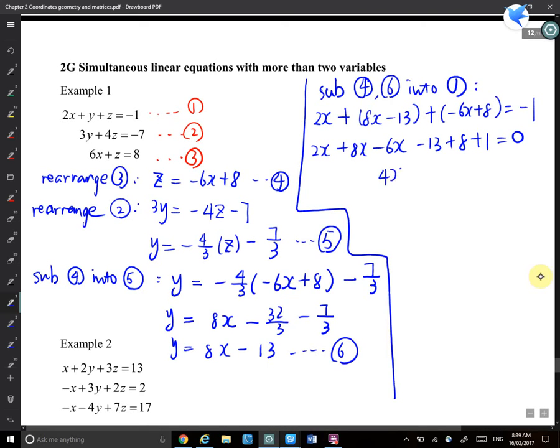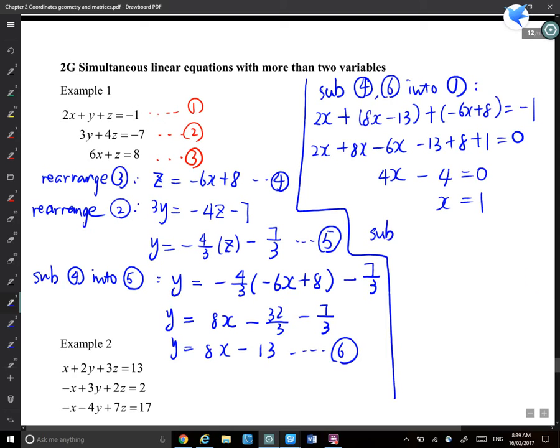So I have 4x plus 9 minus 4 equals 0. So 4x equals 4, x equals 1. Okay, x equals 1.